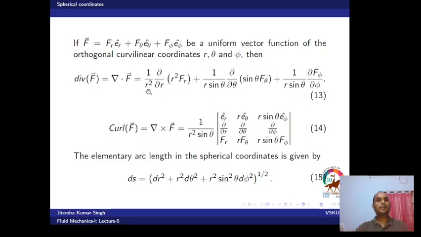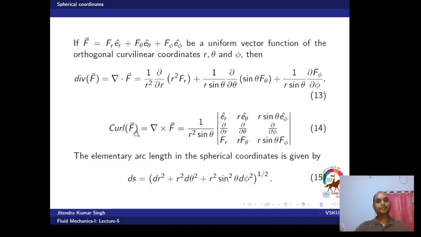You just put h1, h2, h3 as 1, r and r sin theta, u1, u2, u3 as r, theta and phi, and f1, f2, f3 as f_r, f_theta and f_phi. Then we get divergence of f is 1 by r square dou by dou r of r square f_r plus 1 by r sin theta dou by dou theta of sin theta f_theta plus 1 by r sin theta dou f_phi by dou phi. So this is the divergence of the vector f.